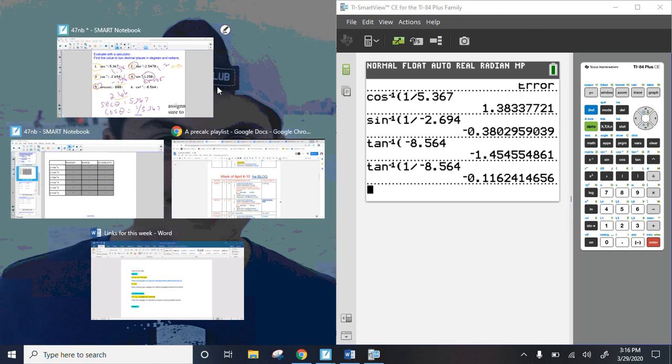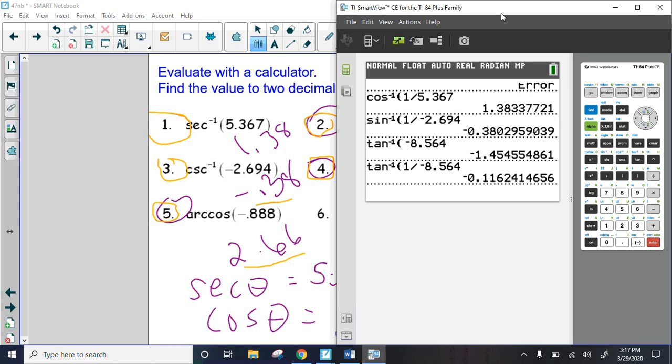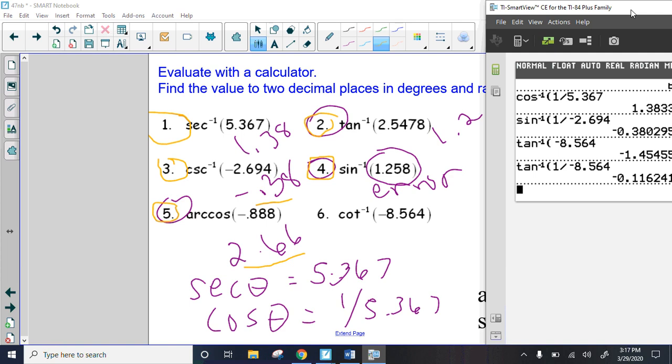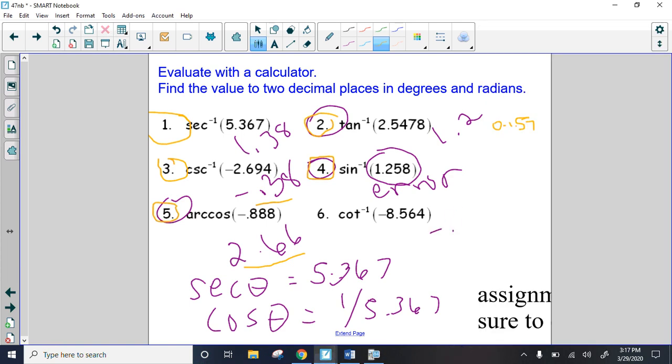Okay, negative 0.117. So if it's negative 0.117, that is in quadrant 4. But our cotangent is supposed to be in quadrant 2. So this is going to be our reference angle, and all I need to do is go pi minus 0.117.